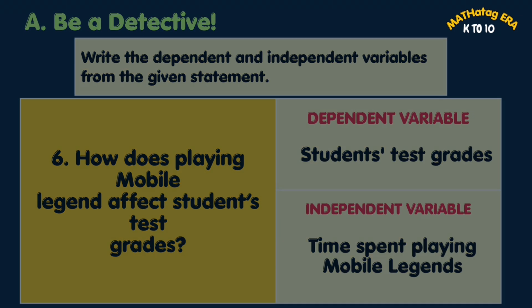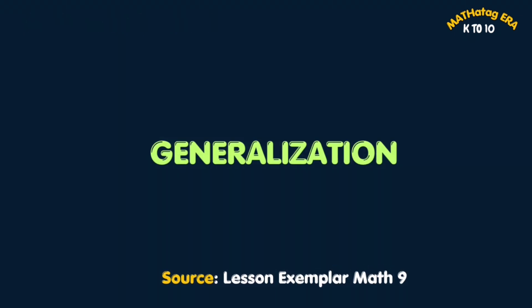Now, let us summarize today's lesson. Yung variable is a quantity that changes. Yung independent variable is the cause. It is the input. And the dependent variable is the effect. It is the output. In an equation, x is usually the independent variable, and y or f of x is usually the dependent variable.